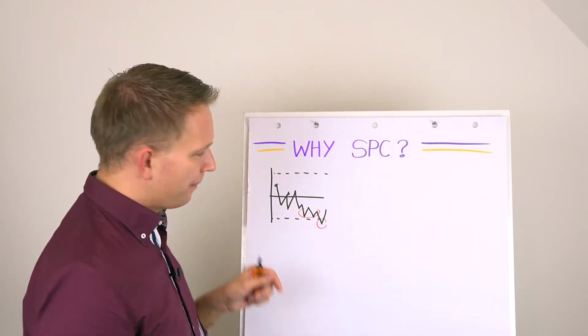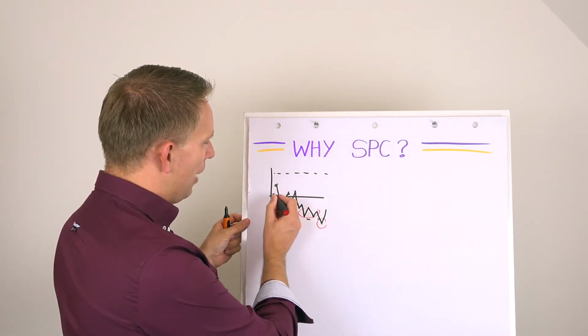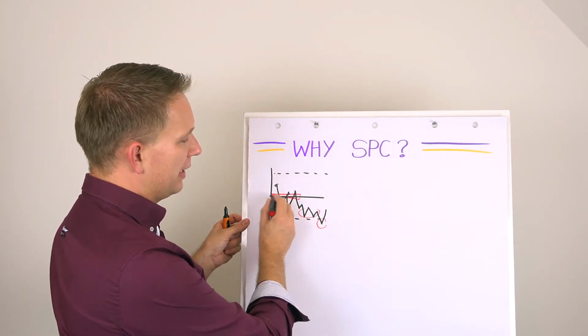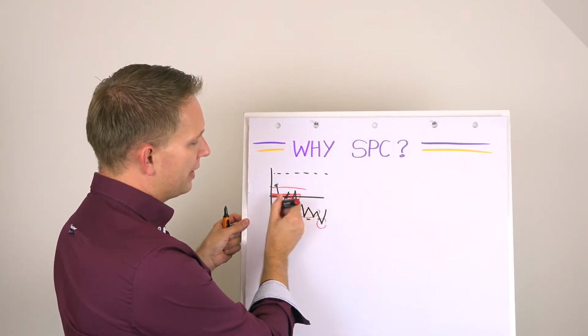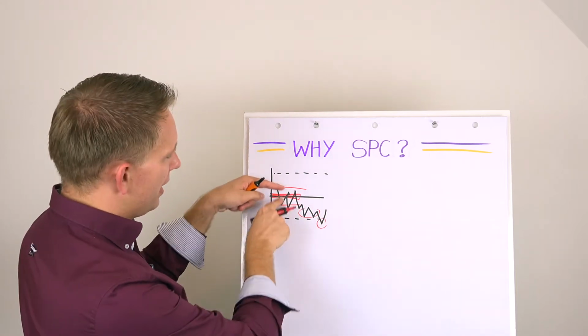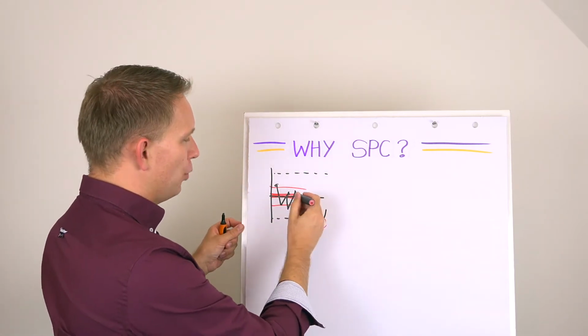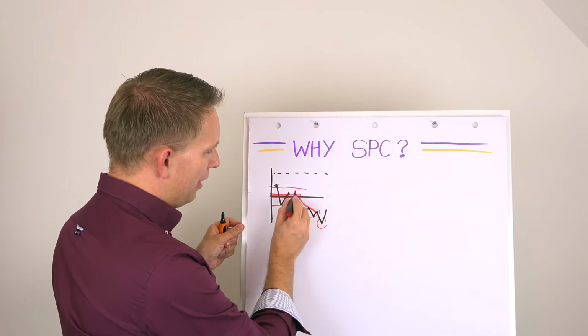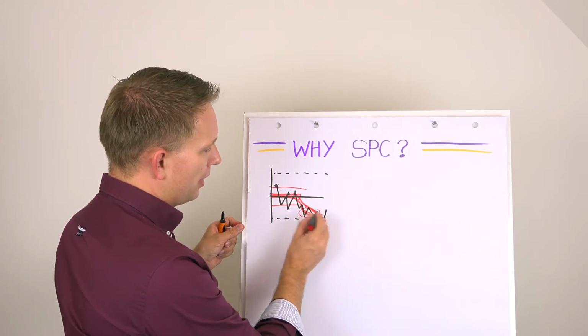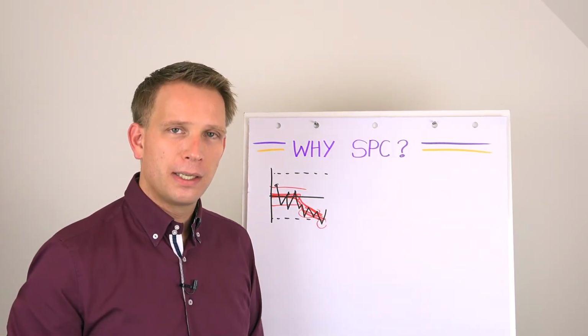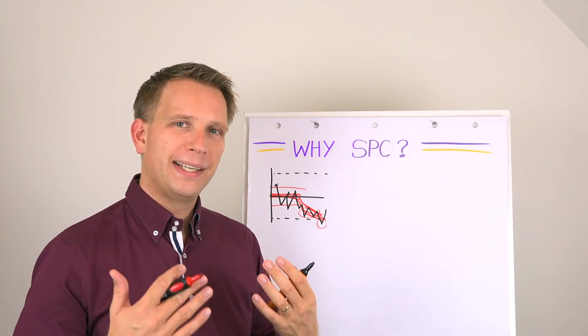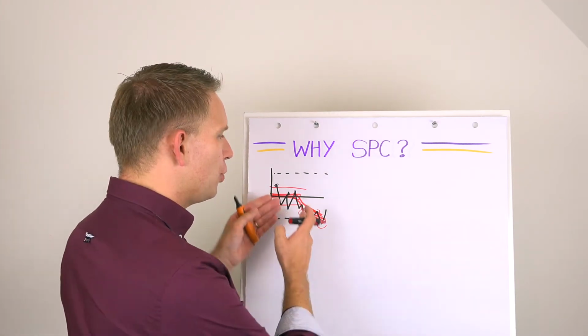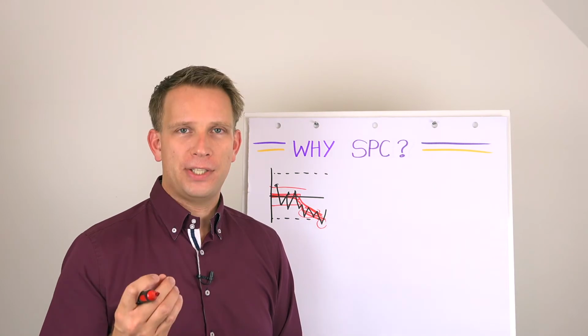This tells us that our process, which is basically this mean with roughly this one standard deviation, has moved. There has been a shift downwards. So something is now going quite differently than it used to for this process.